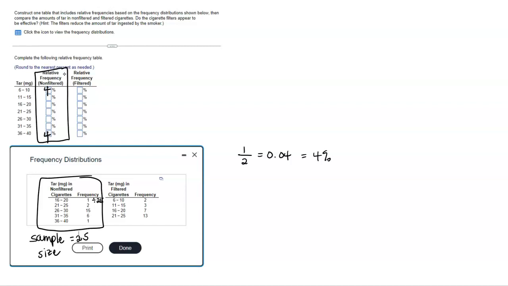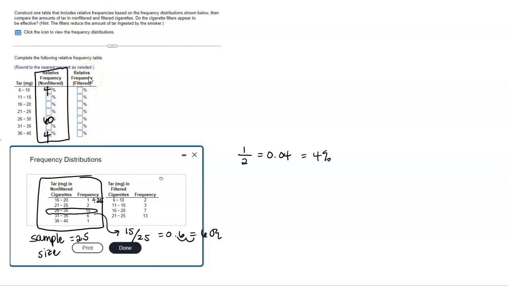Let's look at the 26 to 30 class, where it has 15. I would take 15 and divide it by the total sample size of 25. 15 divided by 25 gives me 0.6. Turn that into a percent by moving the decimal 2 places to the right to get 60% for the class of 26 to 30. So we could do that by brute force.